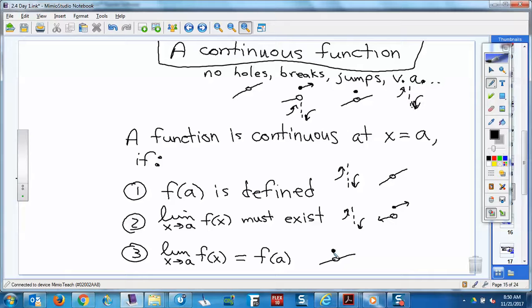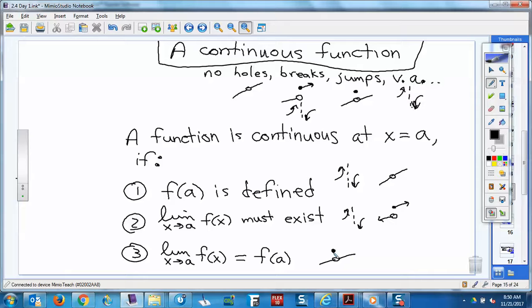If there's a hole and you say it's not continuous because the limit doesn't equal the output, I want more than that. Why doesn't the limit equal the output? There is a limit. The reason it doesn't equal the output is because there is no output. So you've got to say that. You're right in a sense, I get where you're coming from.